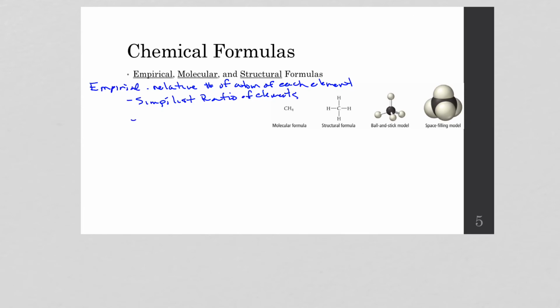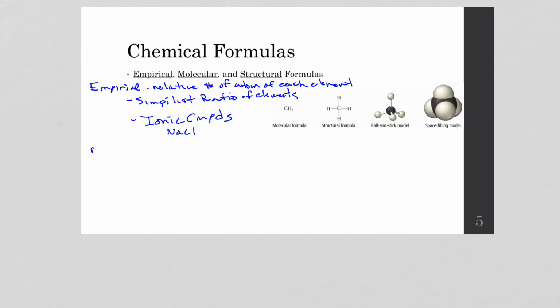Now, where we most commonly see this is in our ionic compounds. When we write out the formula of an ionic compound, like sodium chloride, what we're showing here is the empirical formula. So these formula units that we talk about are the simplest, neutral ratio of the elements. Okay, so we've got the empirical formula.